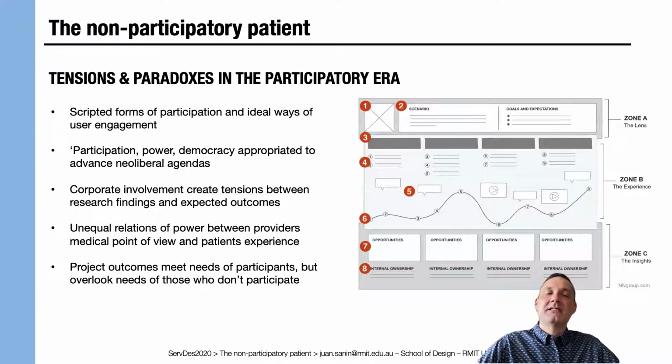But this participatory era is not perfect, and the objective of this paper is to contribute to an ongoing discussion pointing out some tensions and paradoxes of collaborative approaches to design. So some of the main points of this discussion in the context of healthcare are these.